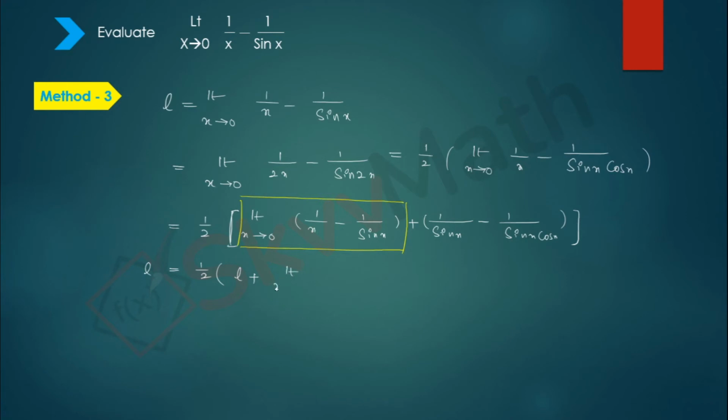So limit x tends to 0, if I take 1 by sin x common, after taking cos x as LCM, I get cos x minus 1 divided by cos x. So this implies L is equal to half of L plus half, limit x tends to 0, and for sin x I'll write 2 sin x by 2 cos x by 2.